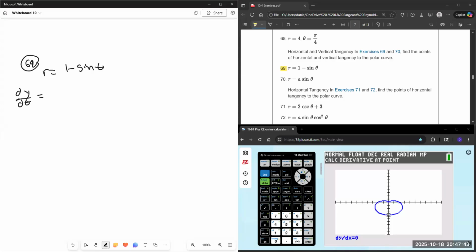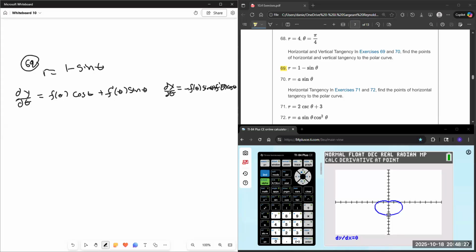That would be equal to f of theta cosine of theta plus f prime of theta sine of theta, and dx/d theta is the bottom part of what I showed you before, the negative f of theta sine of theta plus f prime of theta cosine of theta.